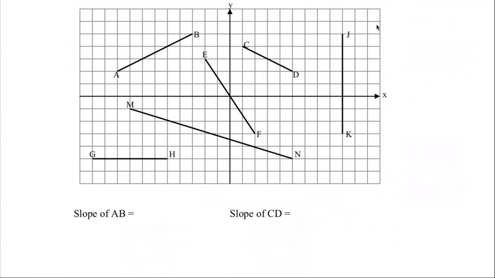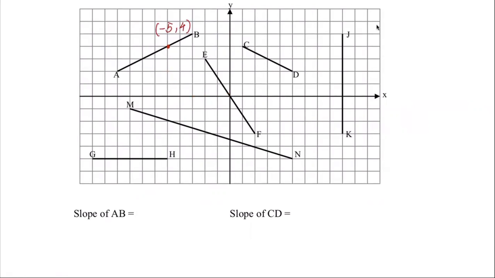For example, let me pick this point. This is 0, 0, minus 5 is the x coordinate, and for y, 1, 2, 3, 4. So this point has the coordinates minus 5, 4.